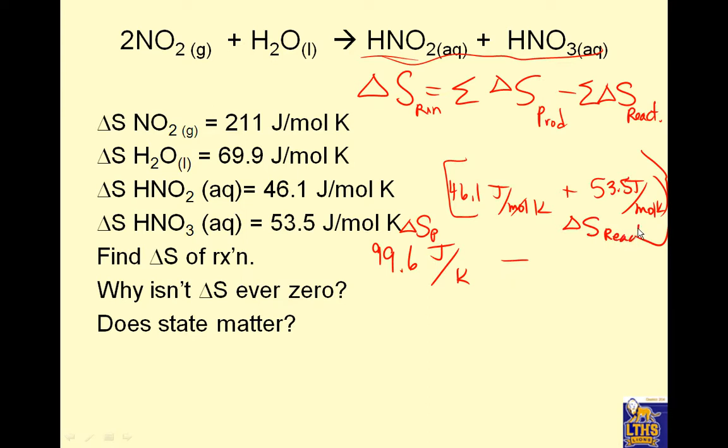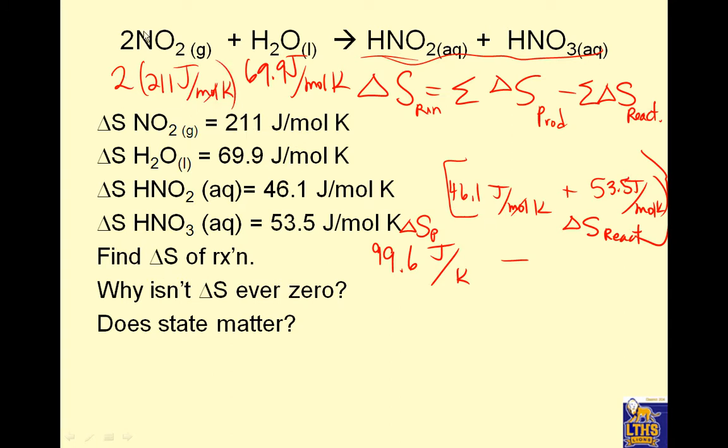To get the delta S of the reactants, here's H2O, 69.9 joule per mole Kelvin, and 2 times 211 joule per mole Kelvin. Remember, multiply by the moles.